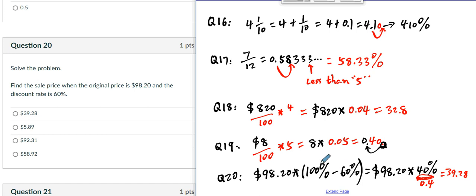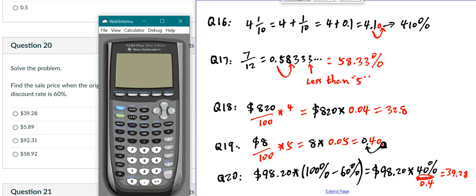So you may do it this way: 100% subtract 60%, which is 40%. And then take 40% of $98.20. So you simply multiply 98.20 times 0.4. So you then have the answer.